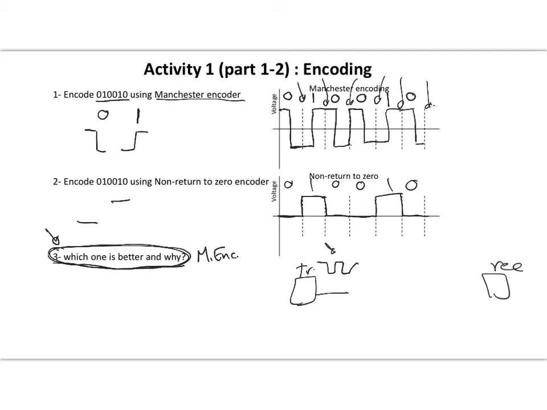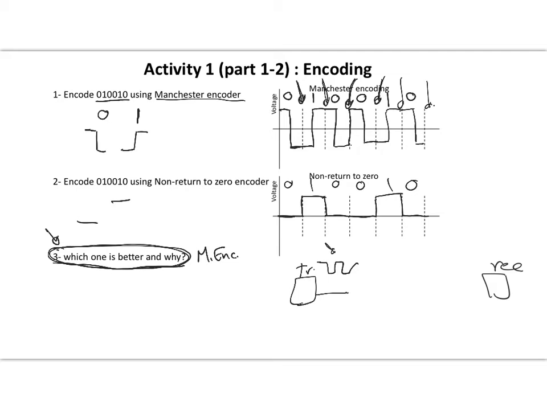In order for the receiver to receive that digital signal on the other side, it needs to achieve two objectives. The first one is that it needs to recognize these bit boundaries accurately. That's a very important objective. That's what we call synchronization.